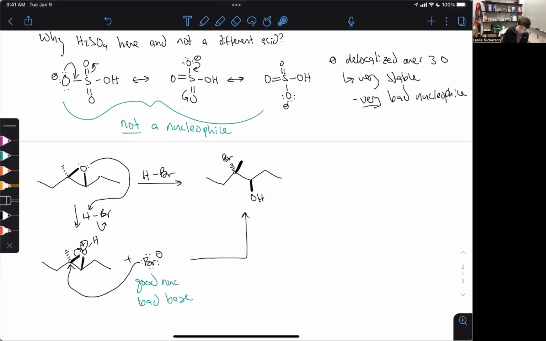So we can also do this with HCl and HI as well.